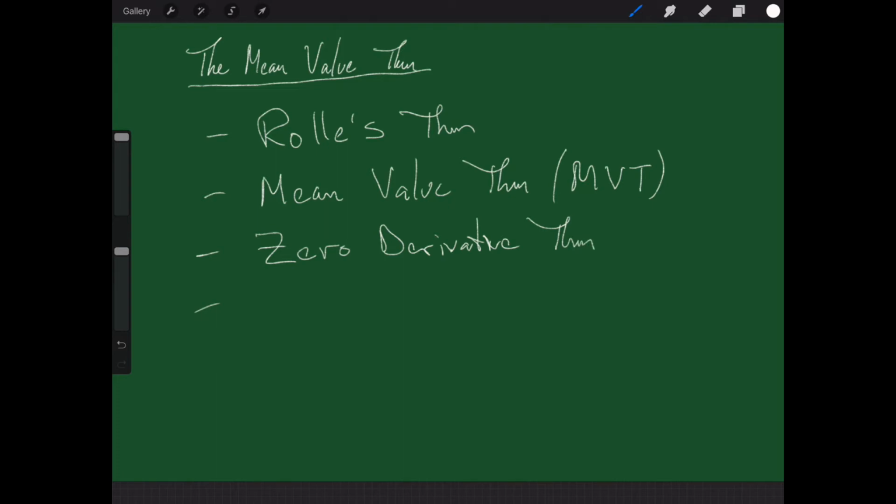And then we have what we call the constant difference theorem. Okay, so we have these 4 theorems that we're going to prove today.